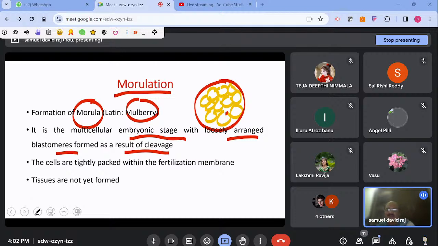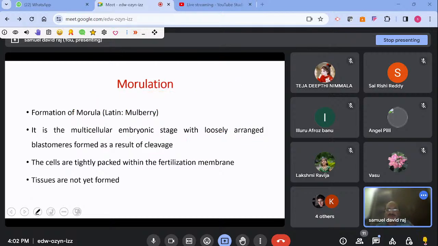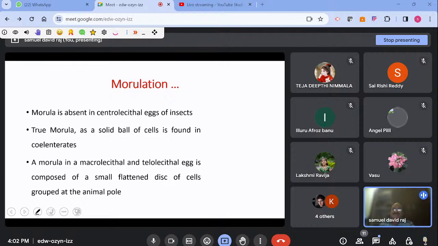For them, it is mulberry-like, so he called it morula. And these cells are tightly packed within the fertilization membrane, and in morula, tissues are not yet formed. And morula is found to be absent in centrolecithal eggs of insects.